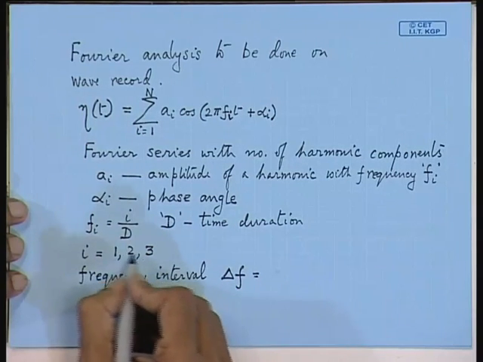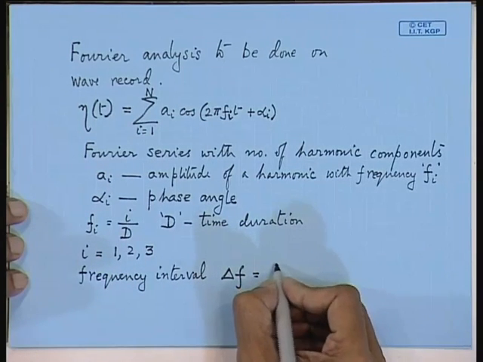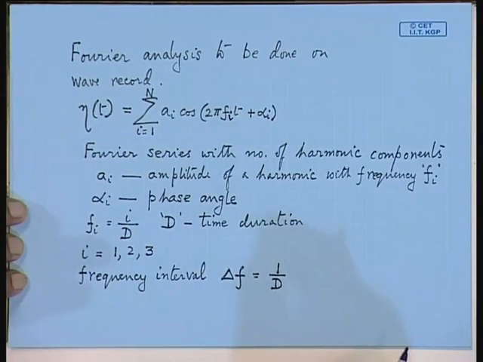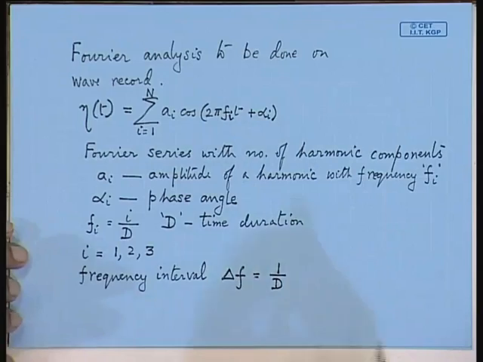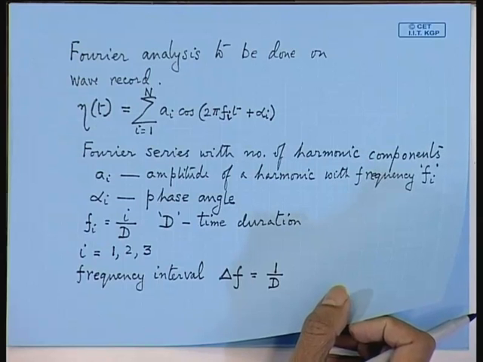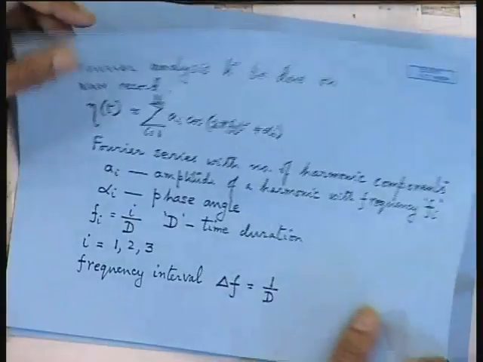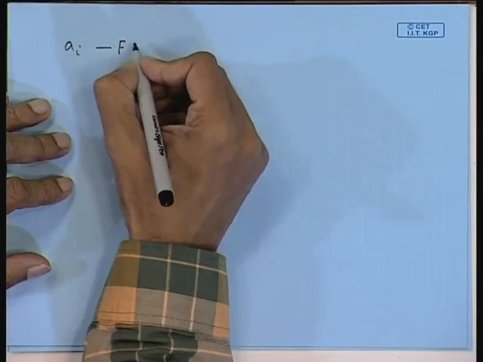So, delta f will always be the difference between 1 and 2, so this you will always get as 1 by d. So, here we are getting from the wave record the number of frequencies of your harmonics. So, now in this equation you have to find these, which are called the Fourier coefficients, this ai and alpha i. So, ai is called a Fourier coefficient. You have to find this out from wave records.